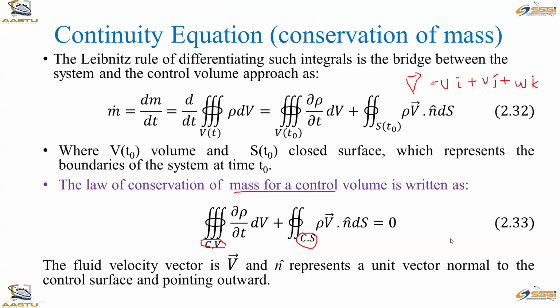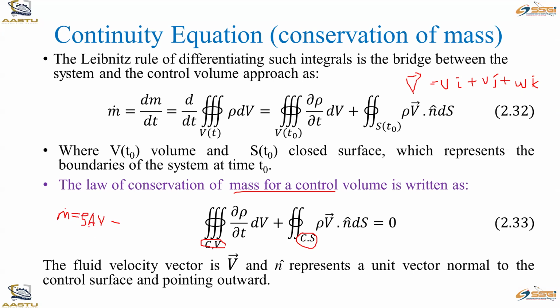Mass flow rate m dot is equal to mass density times area times velocity. This is called the continuity equation, which is constant, which is conserved.